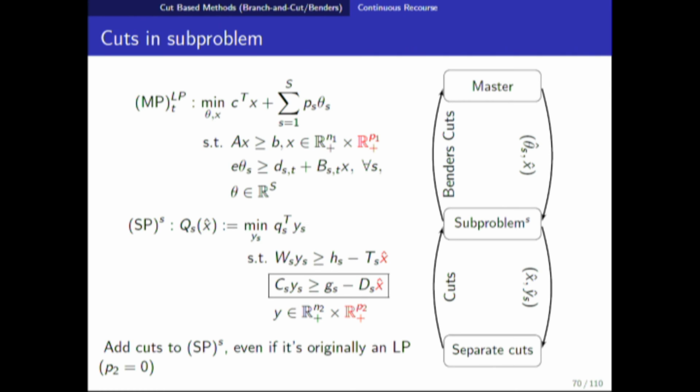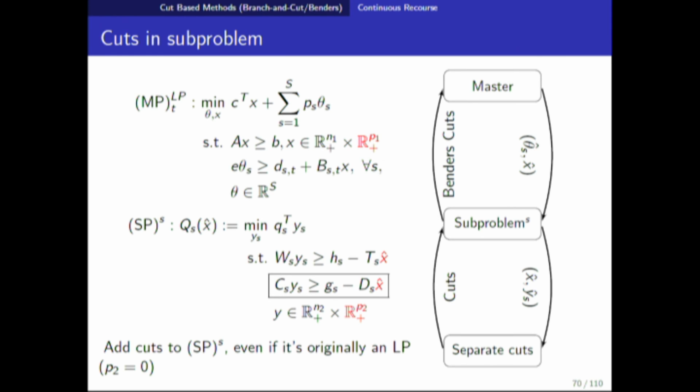Now, what's really weird about this, like for a while, when we started working on this and thinking, could this be useful for a continuous recourse problem? Suppose I only have integer variables in the first stage. My second stage problem, when I fix x, is a linear program. Right? It seems crazy that I would add cuts to a linear program.